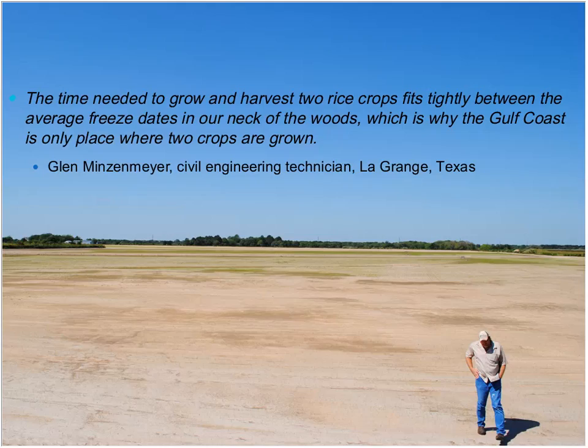Okay, here we go. This statement right here, Glenn Menzenmeyer is a technician for us down in the LaGrange field office, and this statement to me kind of sums up just exactly what it is about the Texas rice belt and the number of ecosystem or wetland functions that are derived from that phenomena: the time needed to grow and harvest 2 rice crops fits tightly between the average freeze dates along the Gulf Coast, and that is the reason why that's the only place where 2 rice crops are grown.